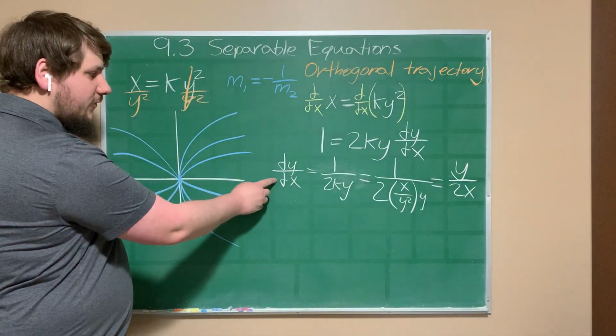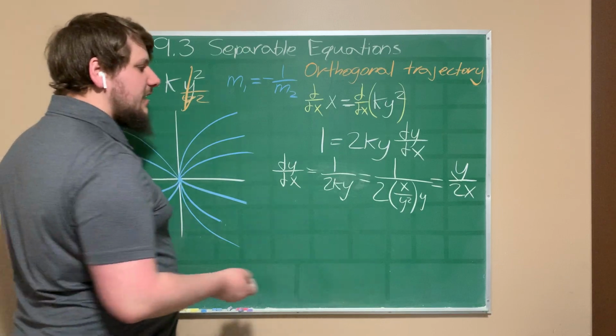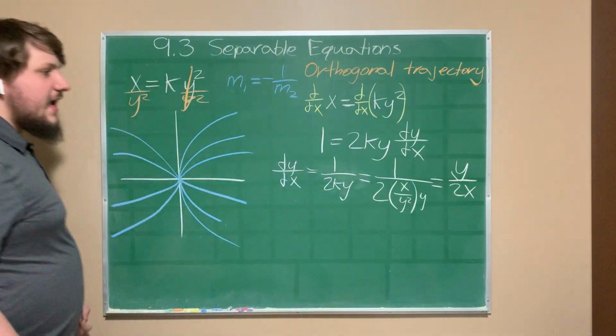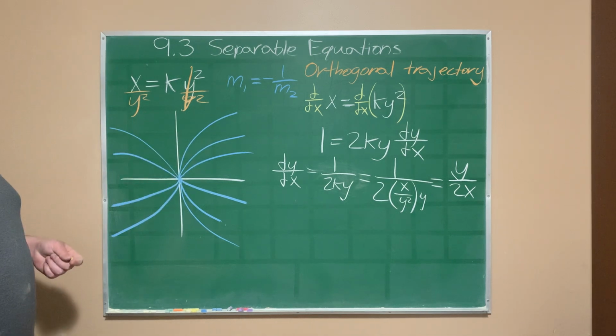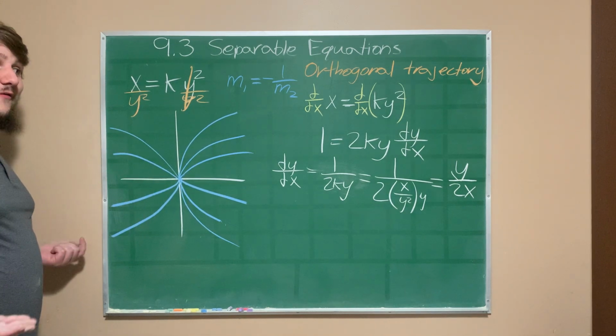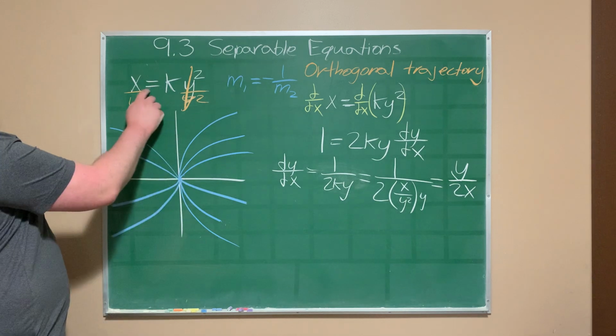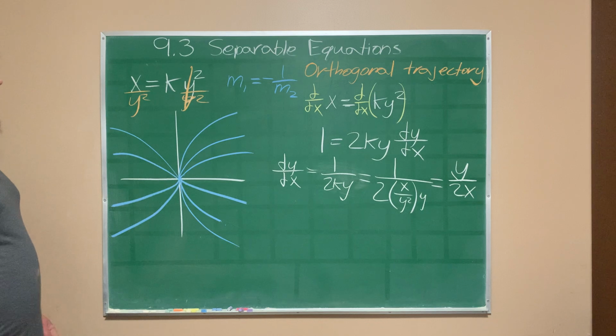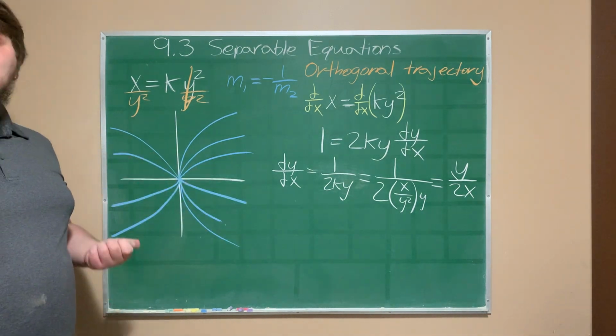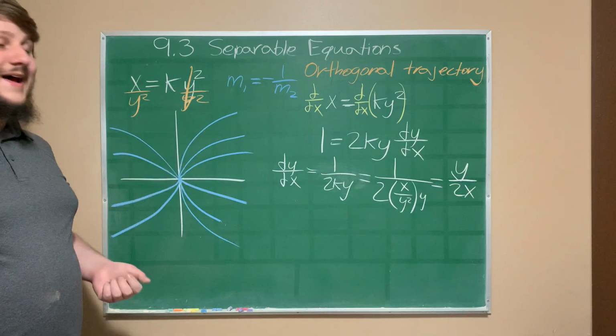So the derivative of y with respect to x is equal to y over 2x. That is the differential equation which describes these blue curves here. If you're interested, you can just solve that differential equation and you'll get right back to what we started with here. Be my guest. All right, so now, this is the derivative. That means it is the slope of these blue lines here.